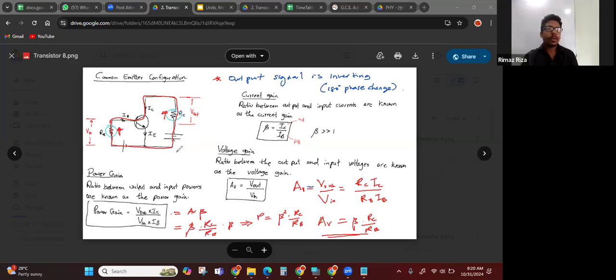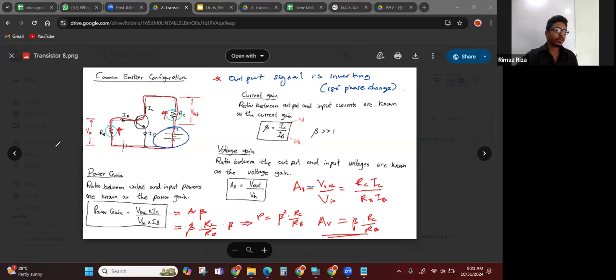Okay, so some students will have a misconception that here we give a small current and get a large current, so it's like violating energy conservation. How is it possible? This is not violating any energy conservation. We can see the output circuit is powered by a large battery, right?